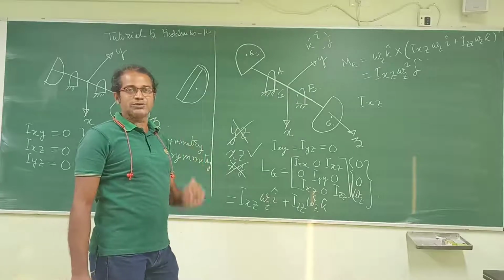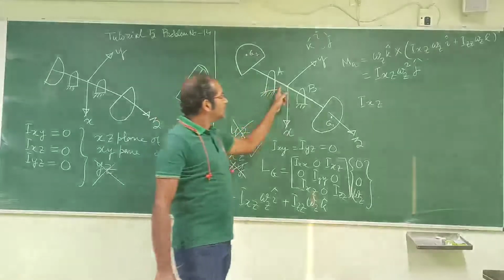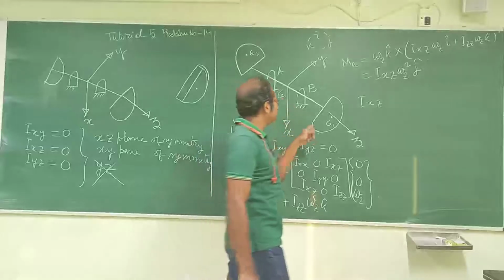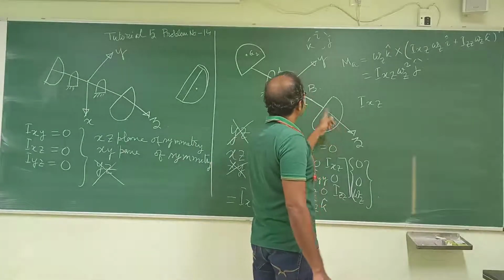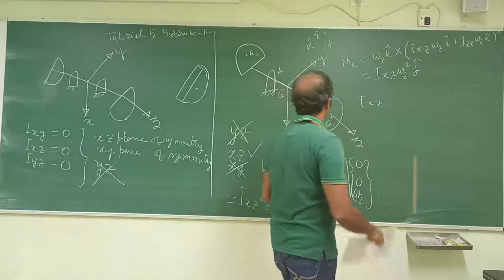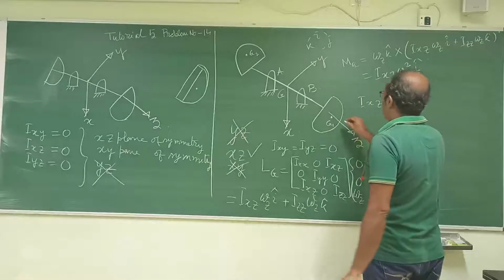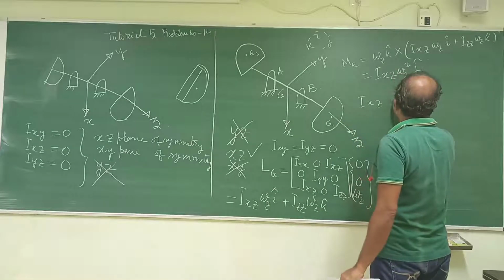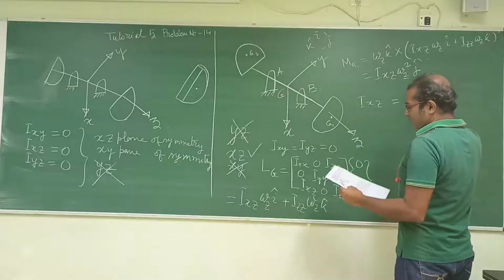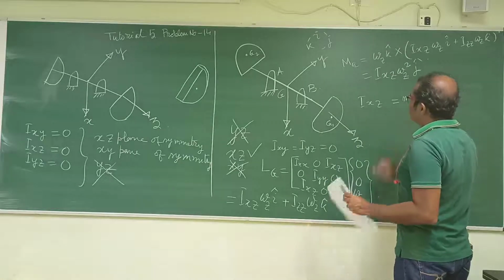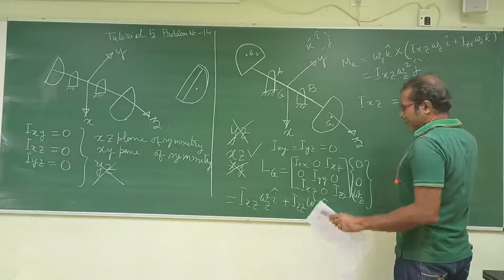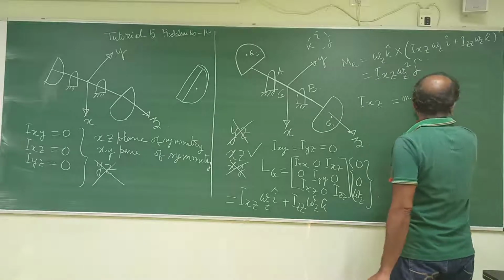So all the products of inertia are going to be 0. Now what is going to matter is the distance between them. So I have to calculate what is z and what is x. For this part, the mass is some m value. Now x is 4r by 3 pi, yes, 4r by 3 pi.